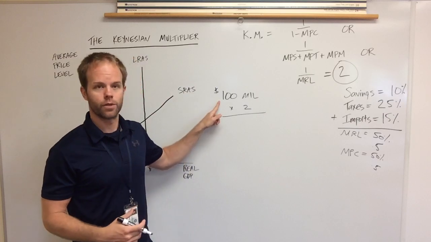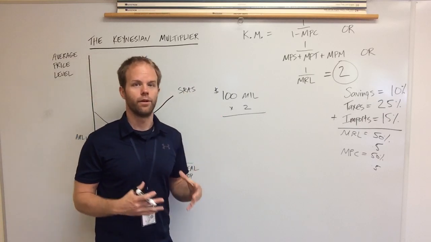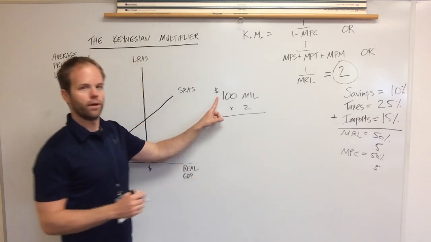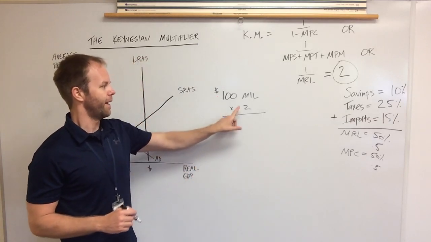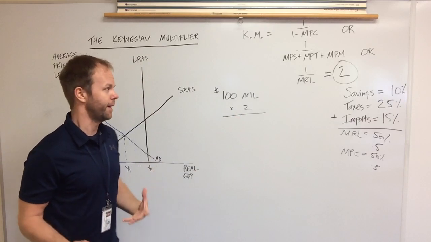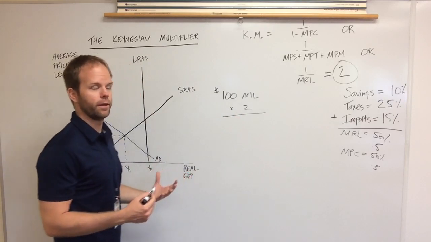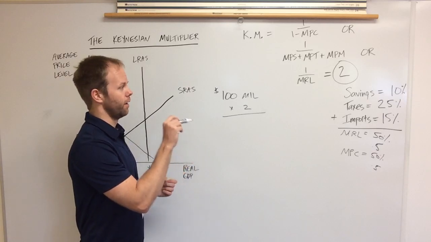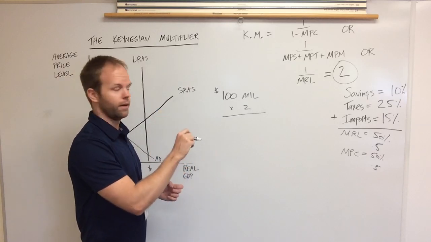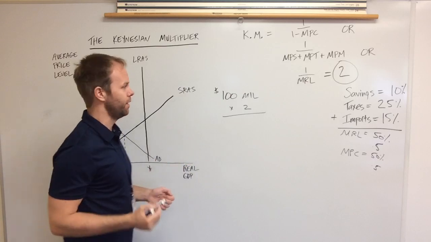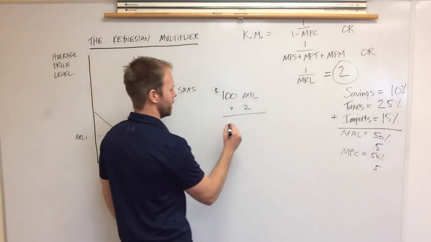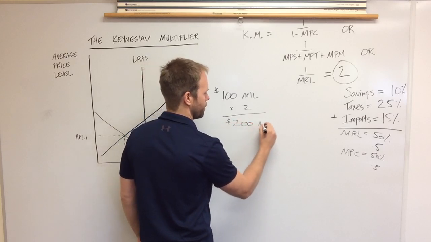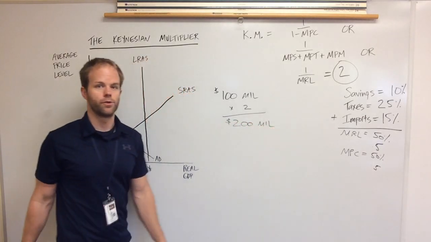That's a pretty typical response to a recession or a deflationary gap. So after the government spends $100 million, and after the Keynesian multiplier takes effect, after that $100 million gets respent, and we've taken into account that 50% of that $100 million will go towards leakages, when it does get respent, we can know that the final increase in GDP, again keeping the math simple here, is going to be $200 million.